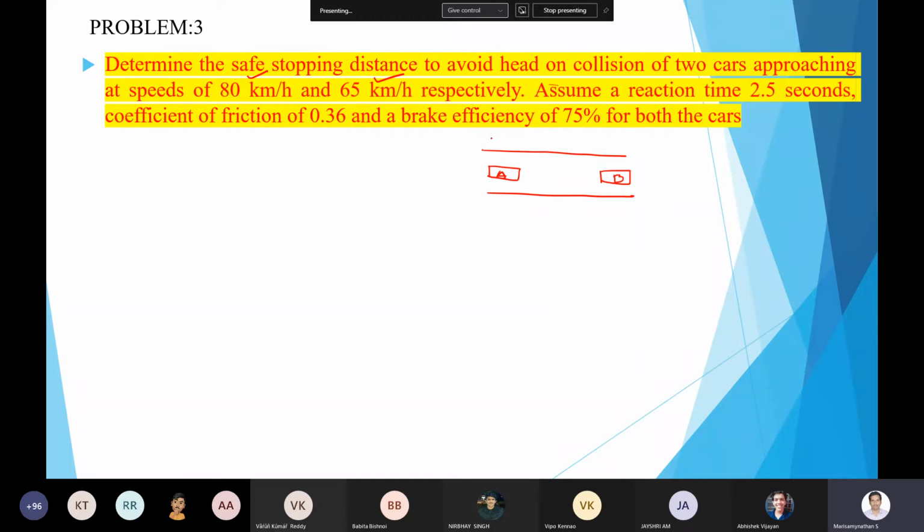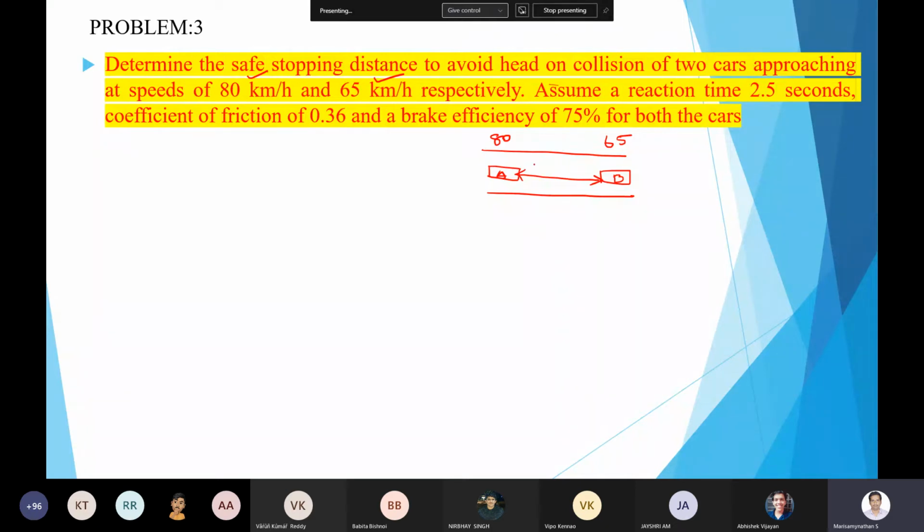A is traveling at 80 km per hour and B at 65 km per hour. At a certain point, they observe each other, and there is a probability of a head-on collision. To avoid that, what will be the stopping sight distance between vehicle A and B?